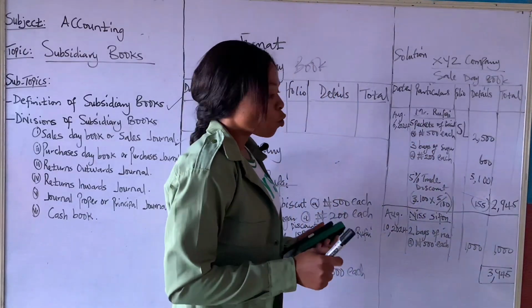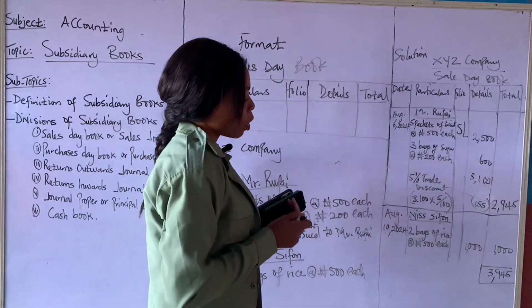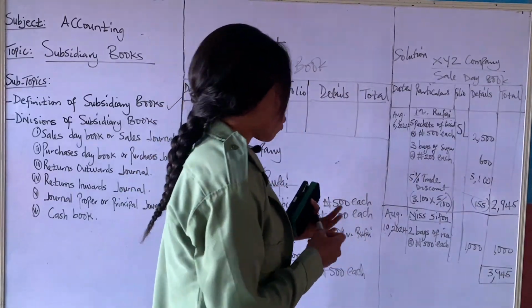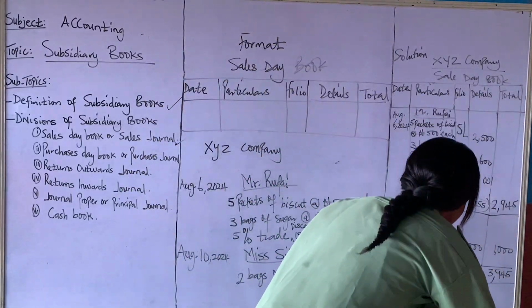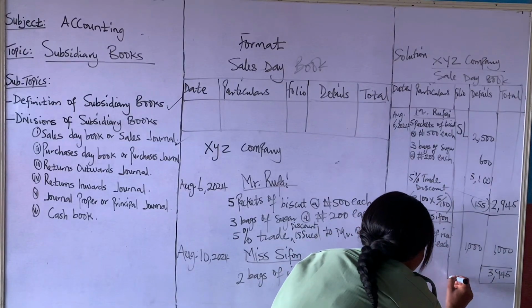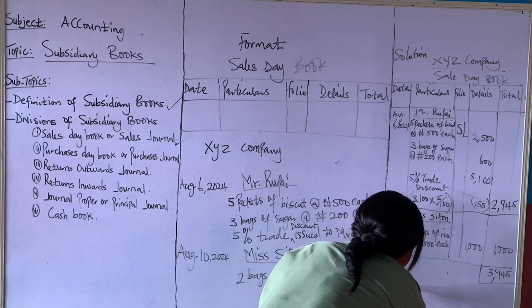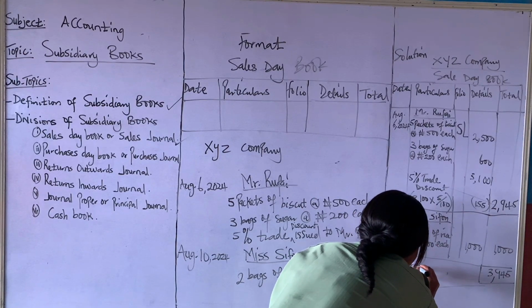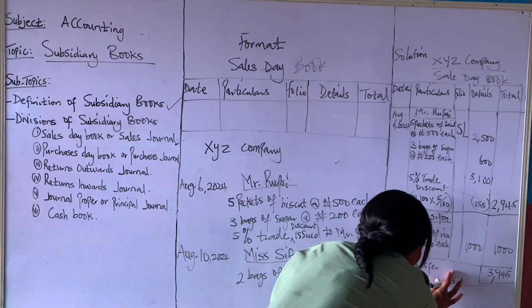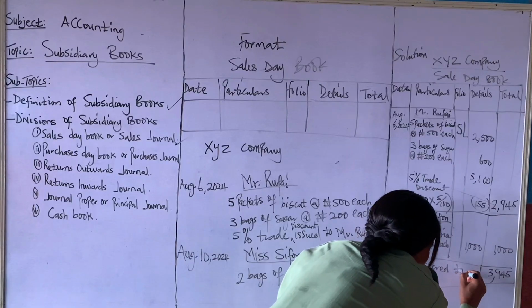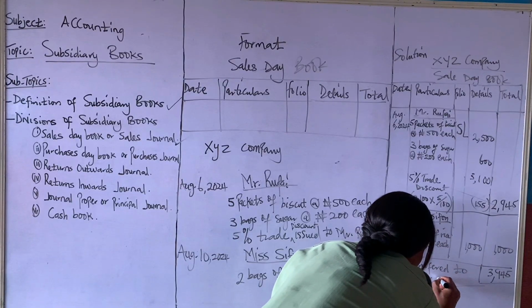And under it, you will post it on the credit side of the ledger. So we come here, close the book by writing under here, transfer to the ledger.